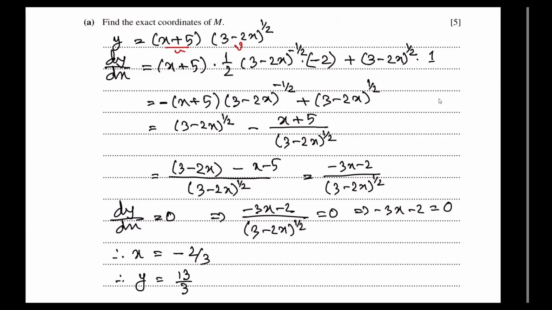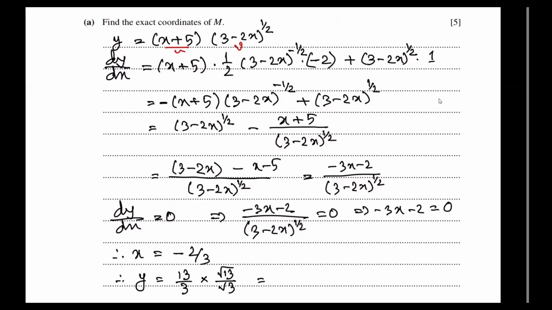3 plus 4 by 3, 13 by 3 times root 13 by 3, that is 13 root 3 by 3 root 3.